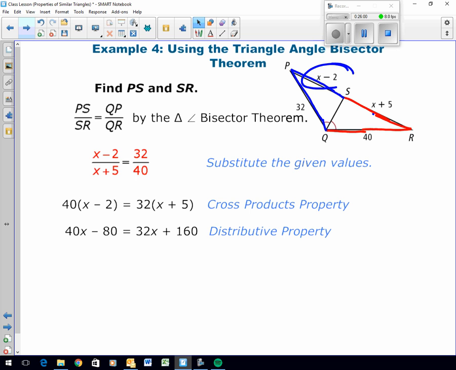Okay? What am I going to do right here when I multiply? Cross multiply. Distribute. What am I going to do right here? Distribute. Okay? That's the gist of it. Told y'all be doing this whole cross multiply thing, right? Had to get you straight on that.